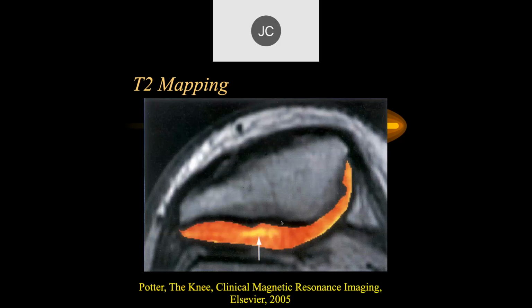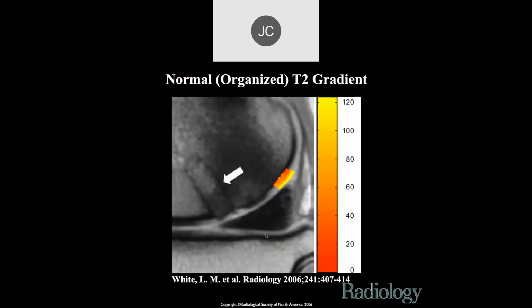So this comes from a chapter from a book that Hollis Potter wrote for a book that I helped edit back in 2005 on the knee. And this just shows an area where you do T2 mapping, where you have abnormal T2 signal intensity within the articular cartilage of the lateral facet of the patella in this location.